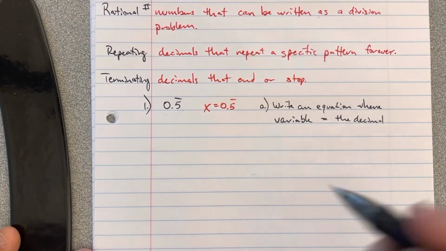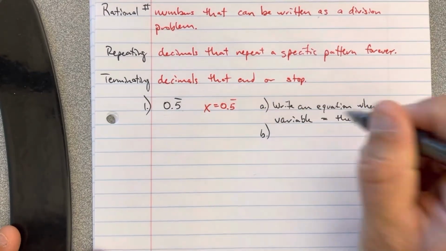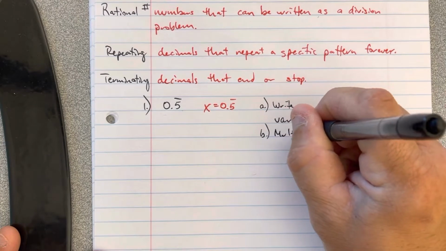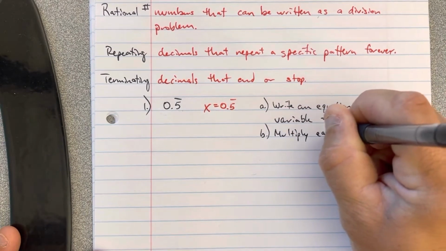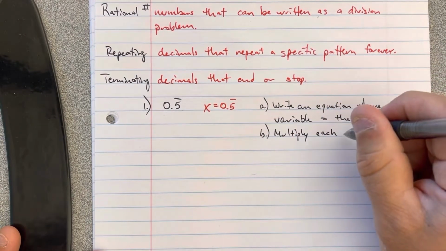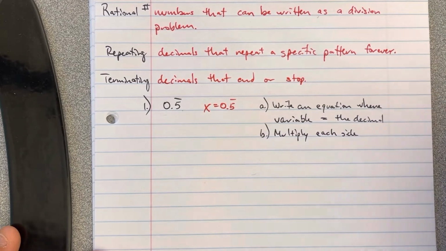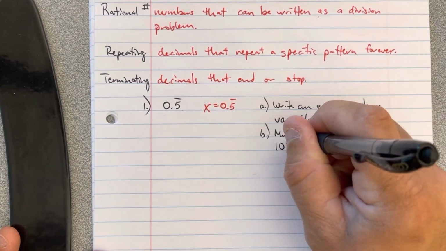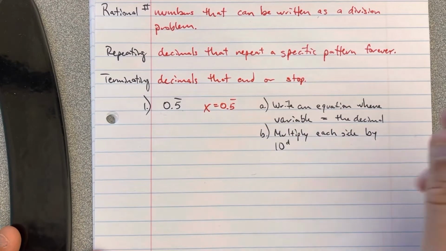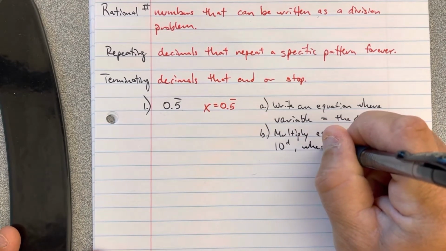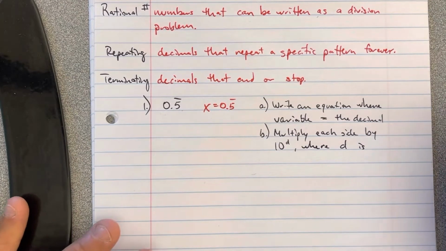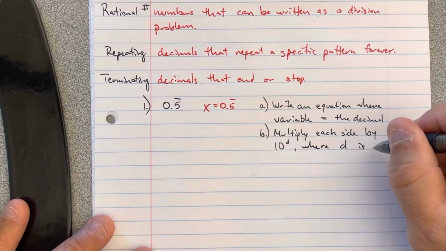From here, we're going to get a little bit more difficult. We're going to multiply each side of this equation by 10 to the power of d, where d is the number of decimals repeated.